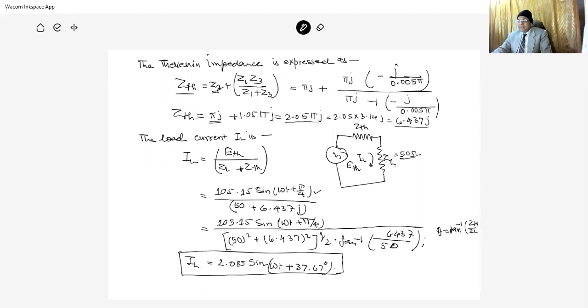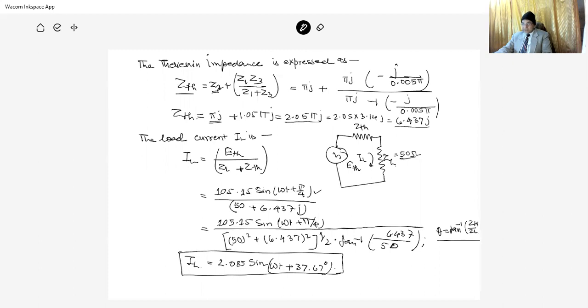Now we have to find the mod of this value, which is the square root of 50 squared plus 6.437 squared. The angle is tan inverse of ZTH upon ZL.